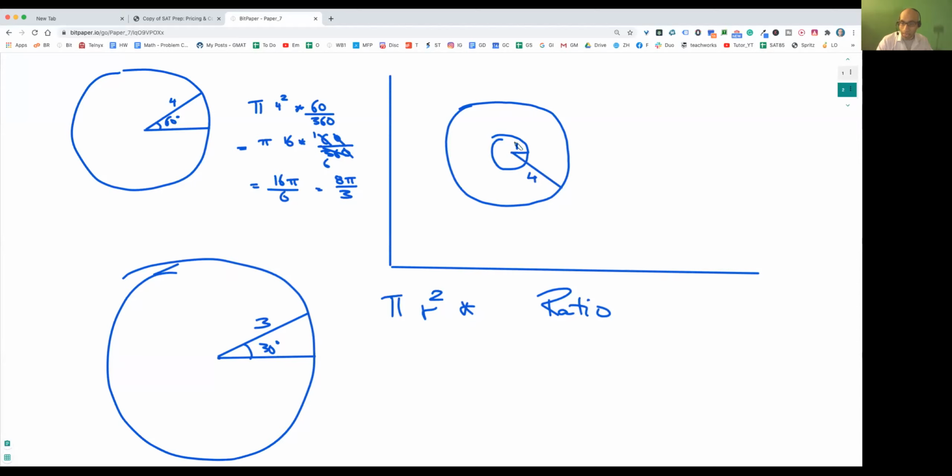Now the goal is to find the area of this piece over here, just this dark piece. So the inside part is removed out, okay? So find out the outer area and then remove the inside part and see what the answer is, and then you can solve it. That's an important problem. Remember, you need to understand these ideas.